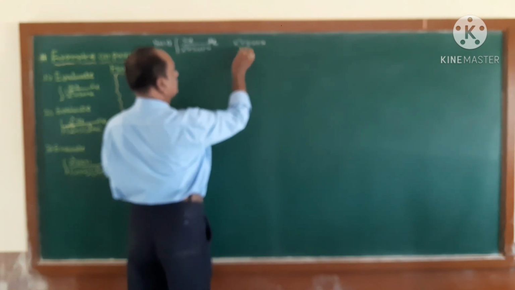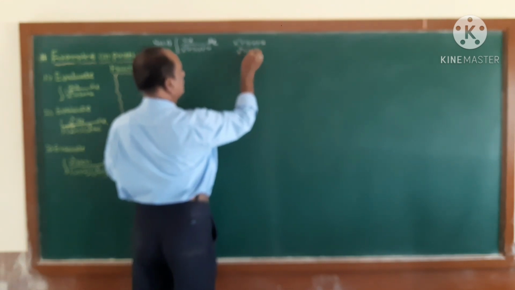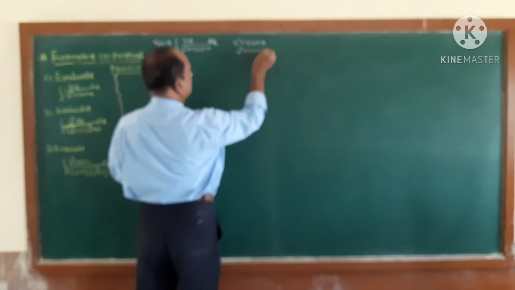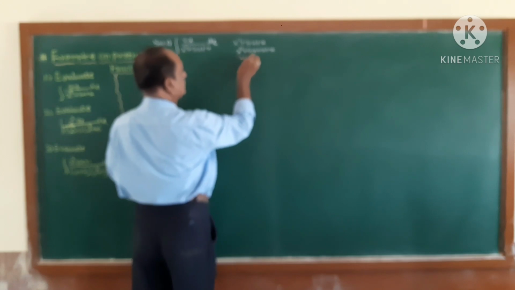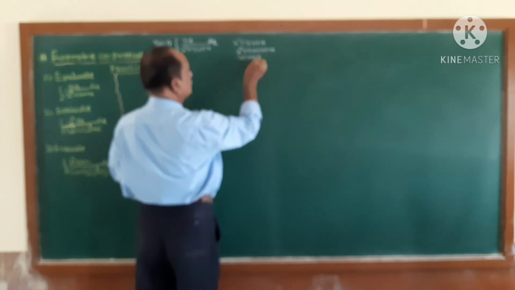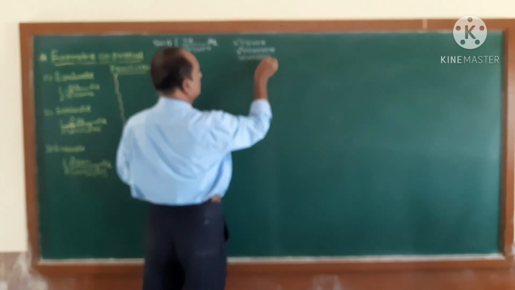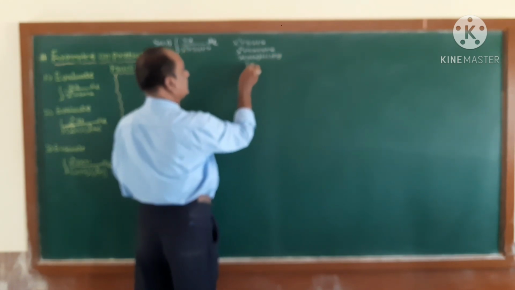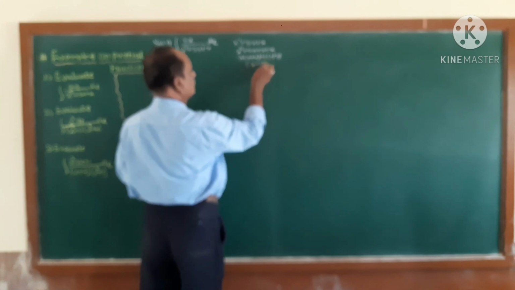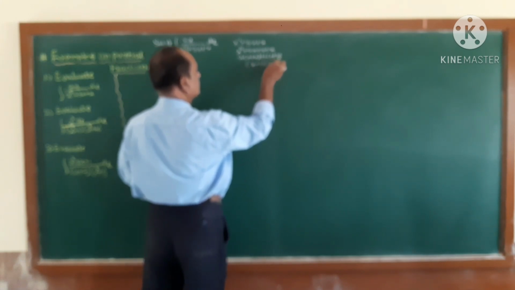Therefore x square plus 3x plus 2 splits as x square plus 2x plus x plus 2. By taking x as common, x times (x plus 2), and from the next terms taking 1 common, simply x plus 2. Therefore the factors are x plus 1 and x plus 2.